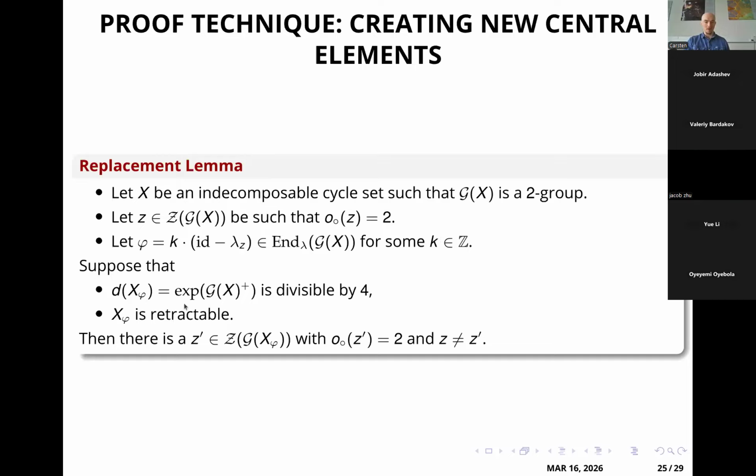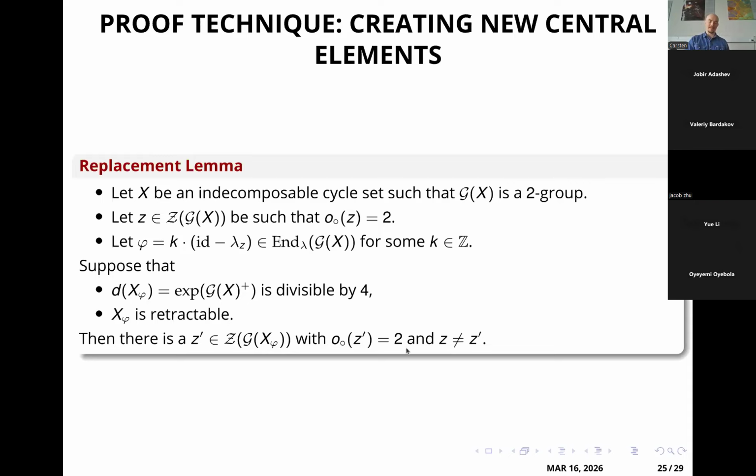And now if we assume that the exponent of this should not be G_X, this should be G_X phi here. If the exponent of G_X phi is divisible by 4, and furthermore X phi is retractable, I should also add that something is missing here: the focal of this should be non-trivial. Then we will find an element in the center of G_X phi which has order 2 but is not equal to z.